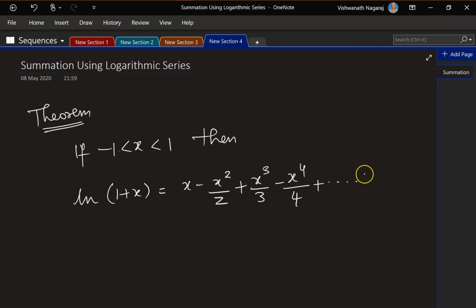The nth term being minus 1 to the power of n minus 1, x to the power of n by n, and so on.